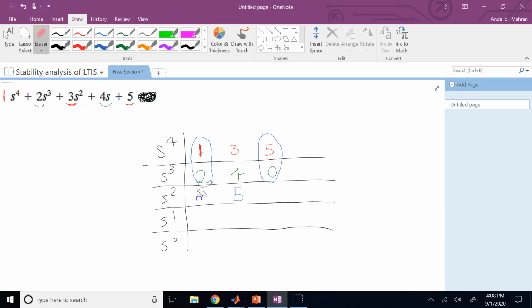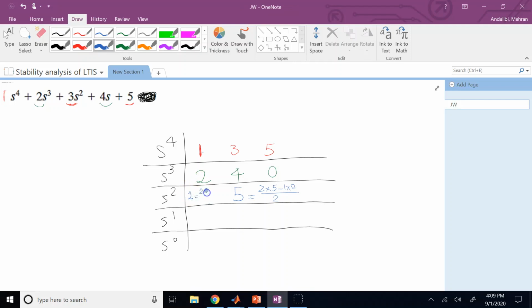Okay? So that's how I go forward. Again, 2 times 5 minus 1 times 0 divided by 2. So I write it for you and then I clean it up. I just want to make sure that I have something for your record, that you can go back and watch.